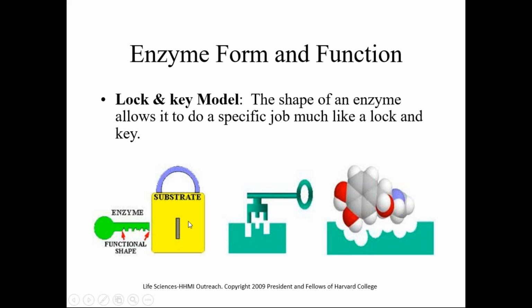Although this may not be true because many keys can be put into a lock, generally there is a single key which fits into a lock. So enzymes react by a mechanism known as the lock and key model. You see they fit in exactly into the active site of the enzyme.